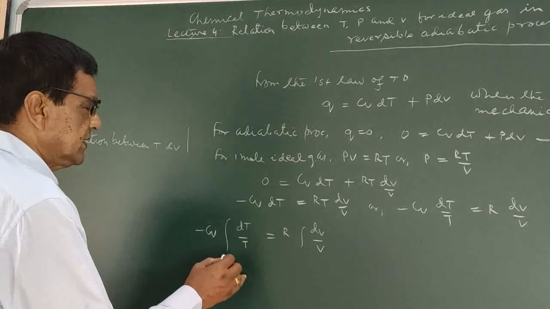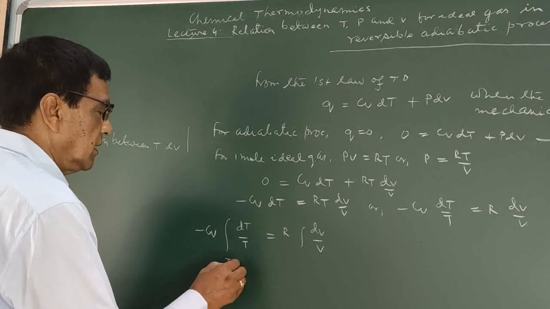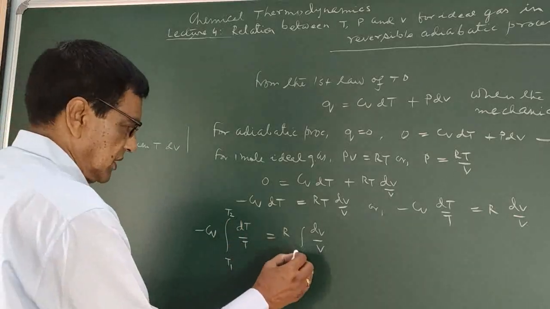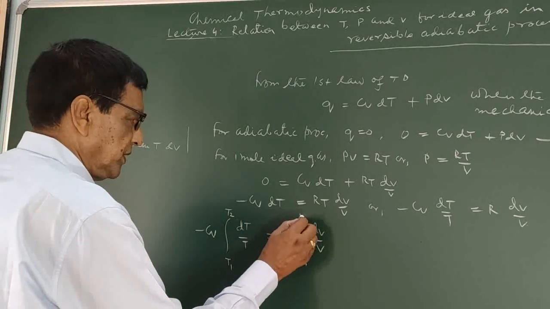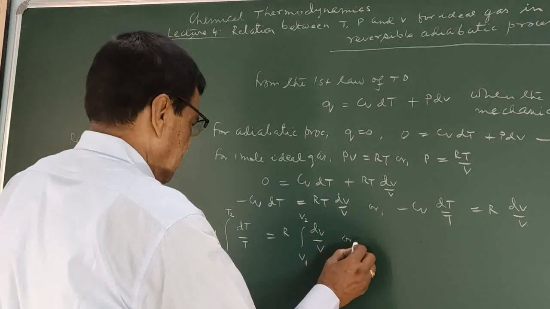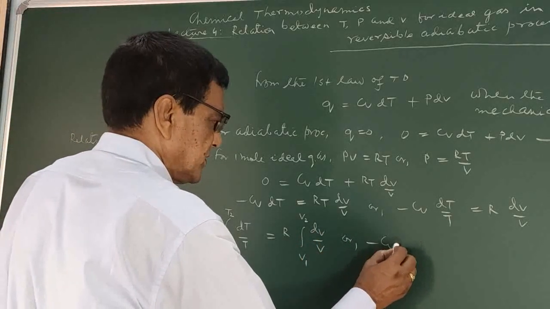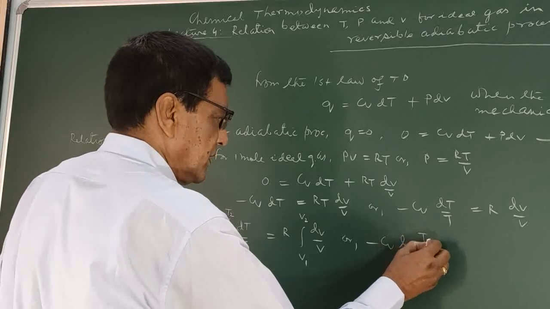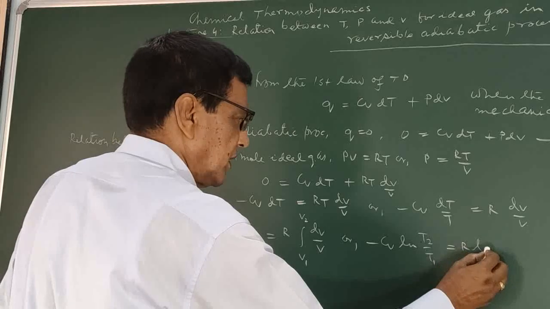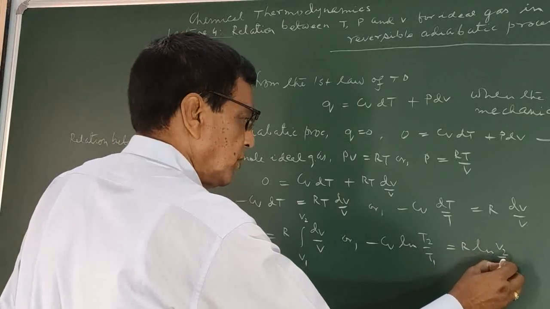Doing the definite integral from T1 to T2, and here V1 to V2, we have minus Cv ln T2 by T1 equal to R ln V2 by V1.